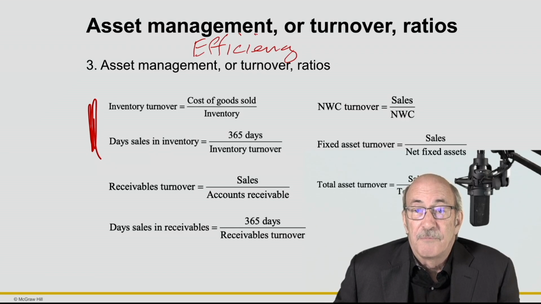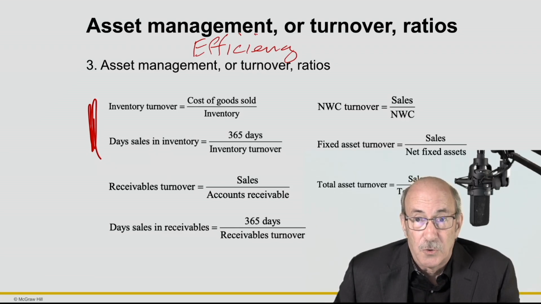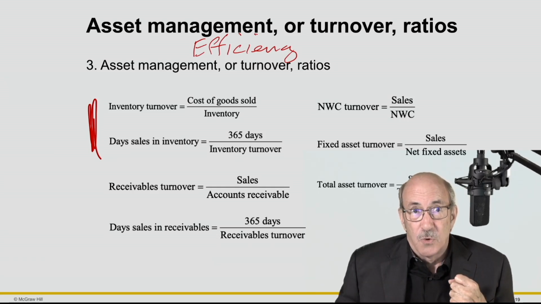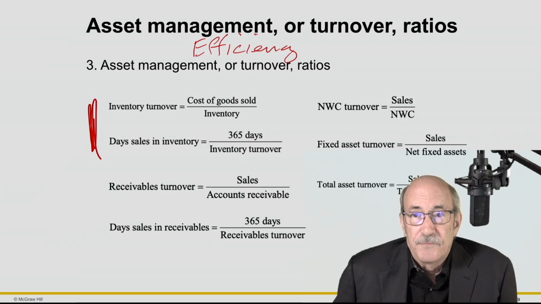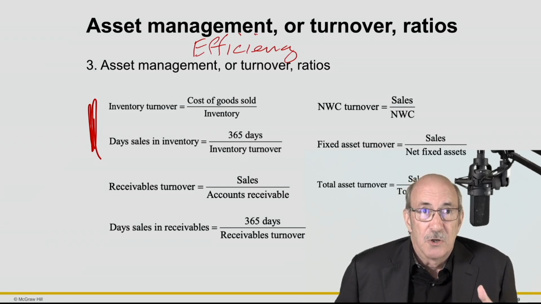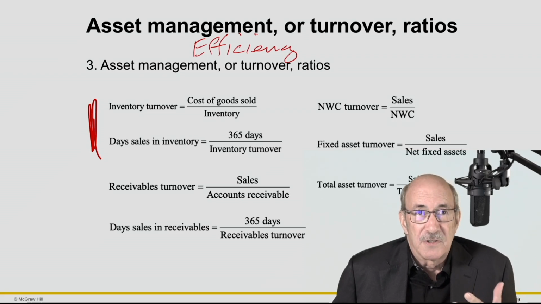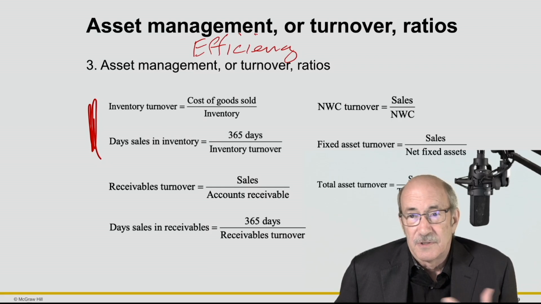Inventory turnover: cost of goods sold is what we take out of inventory, relative to the current inventory. So that tells us how many times in a year we might turn over our inventory. The days sales in inventory gives us a similar idea, except it tells us how many days it takes for that turnover.